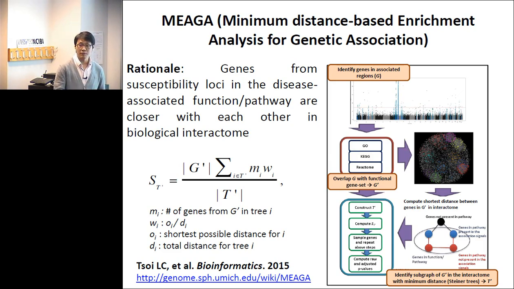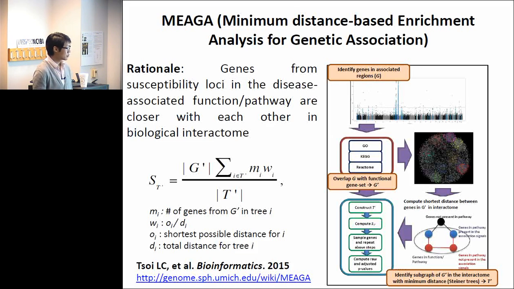A Steiner tree is like an acyclic graph with the minimum distance. But because not every gene would connect with each other in the interactome, we could be dealing with more than one Steiner tree. So we call it a Steiner forest, T prime. After we identify T prime, we devise a statistic called S, which measures different components.